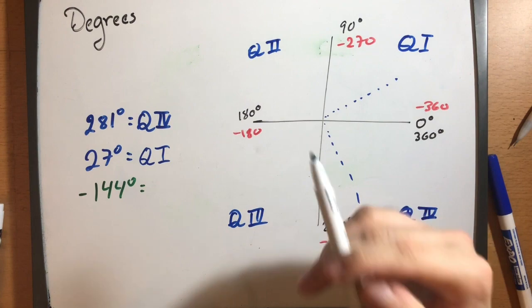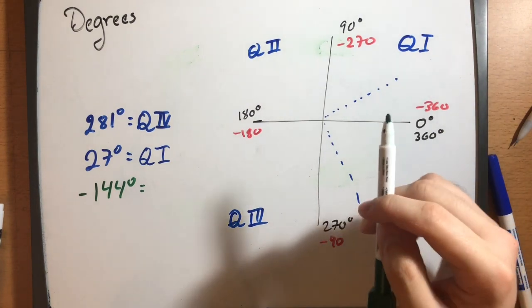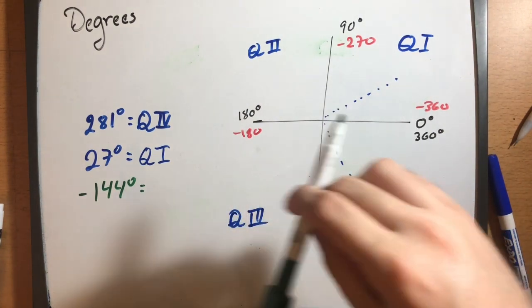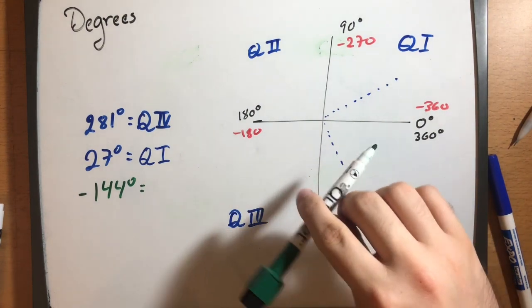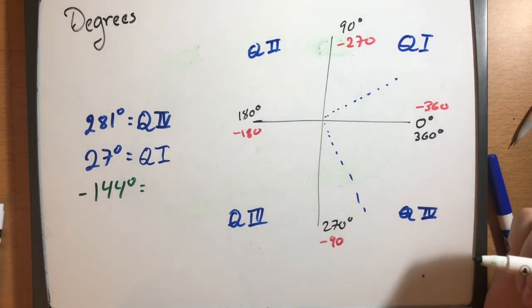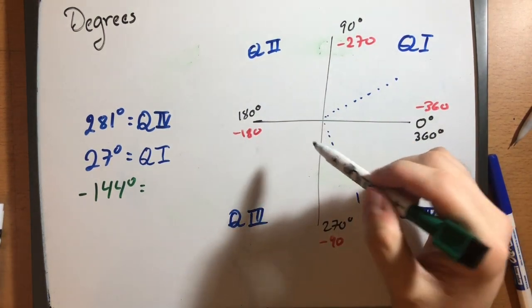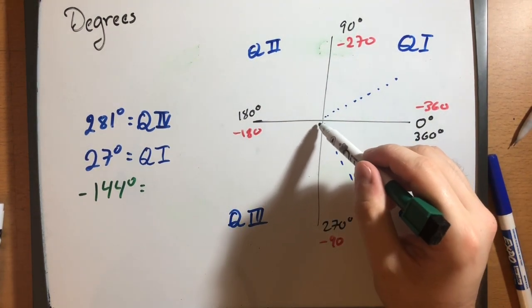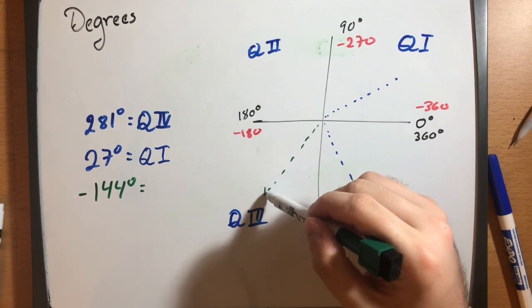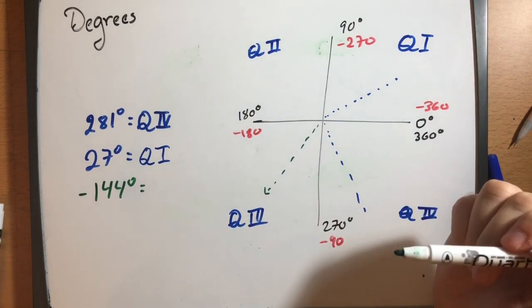It would be an angle between negative 90 and negative 180. Therefore, the terminal side would have to be somewhere in quadrant 3.